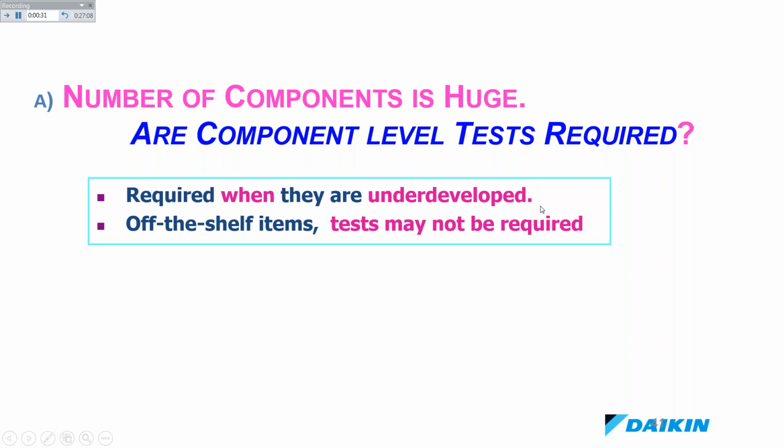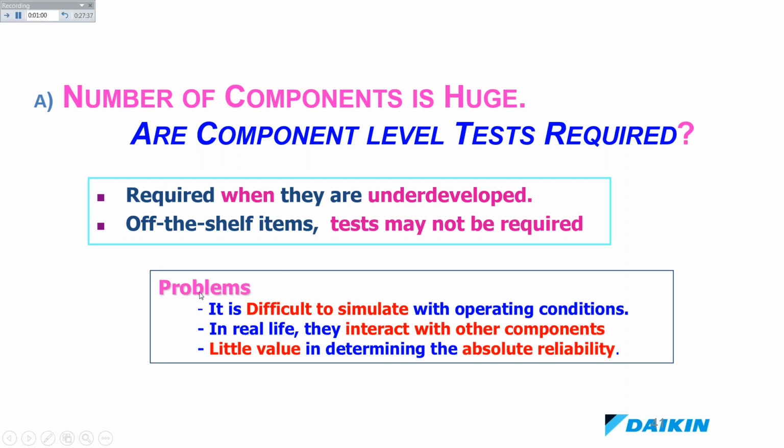For example, if you are producing a component that is brand new, never occurred in the world, it's the first time of developing it, you need component level testing. But if you buy an off the shelf item, time tested over and over for years by other suppliers in the industry, you don't really have to do it, because again, the number of components is huge. Another problem is it's difficult to simulate the operating condition when you use, say, a bearing.